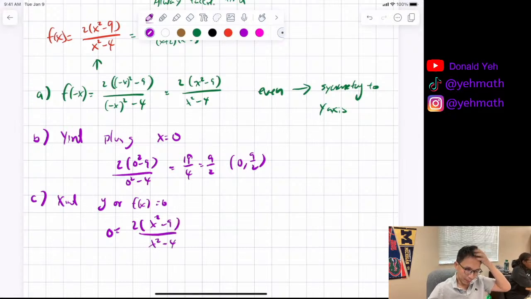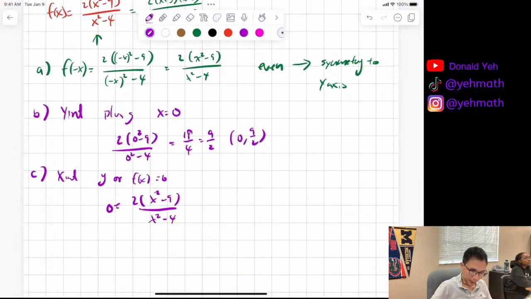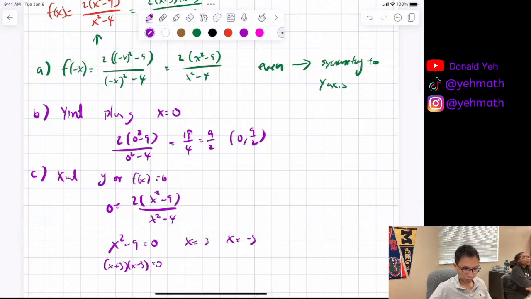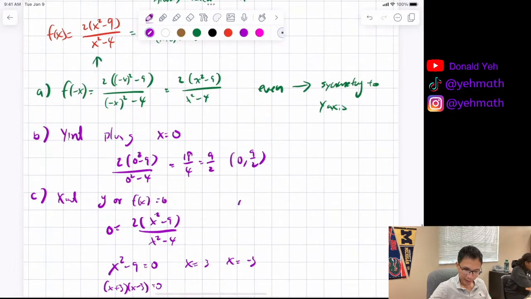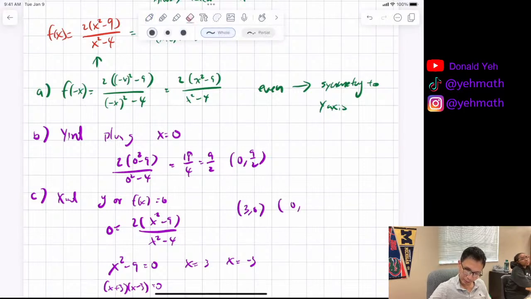Now I can multiply both sides by x squared minus 4, and that's going to be x squared minus 9 equal to 0, x plus 3, x minus 3 equal to 0. So x equal to 3, x equal to negative 3. So that's going to be, wait, hold on a second. 3, 0, and negative 3, 0. So far, we okay?